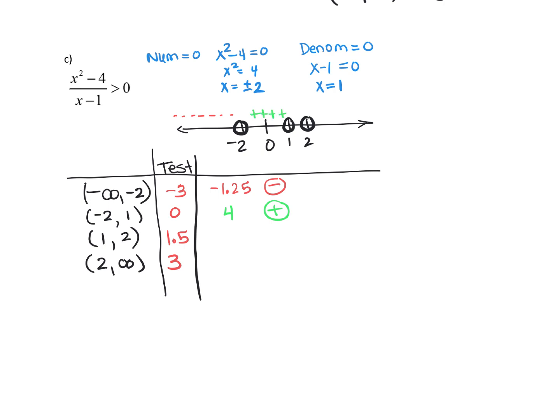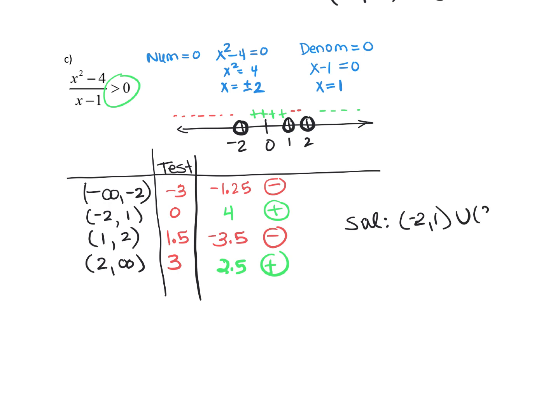When you plug in 1.5, you should get negative 3.5, which is a negative result. And then when you plug in 3, you should get 2.5, which is a positive result. We want to be greater than 0, so our solution is negative 2 to 1 union 2 to infinity.